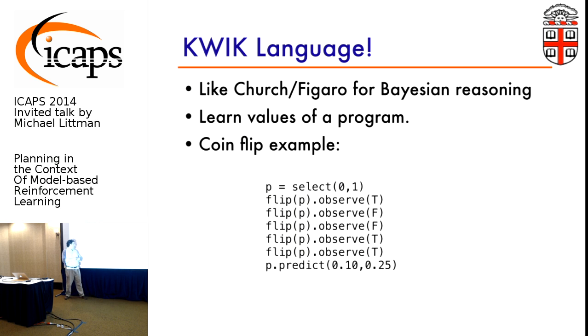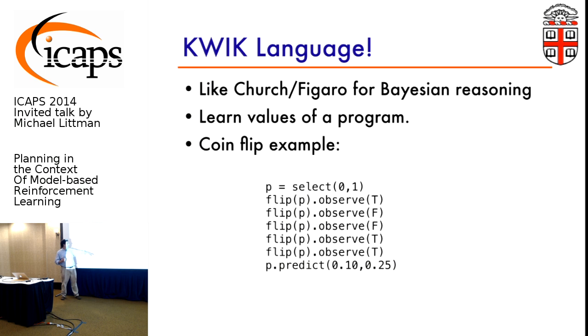All right. At the end of that, we can then ask, can you predict what this value of P is to within a precision of 0.1, and your prediction should be accurate with 25% probability? Or, sorry, should be wrong with no more than 25% probability. And so what this would do in a KWIK setting, it would either return, I don't know, because it doesn't have enough data yet. Actually, in this case, it wouldn't have enough data yet.